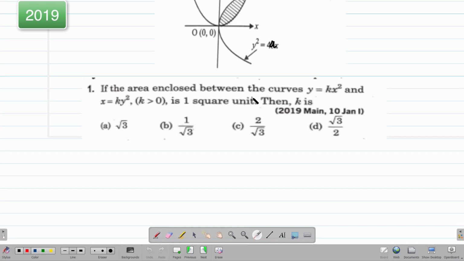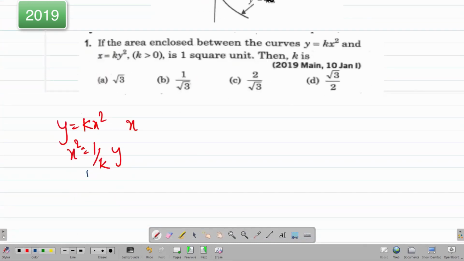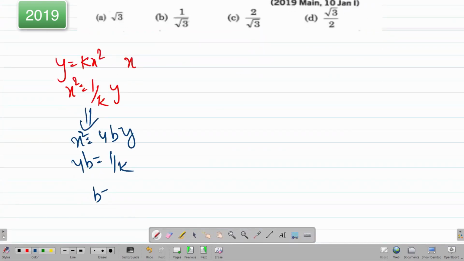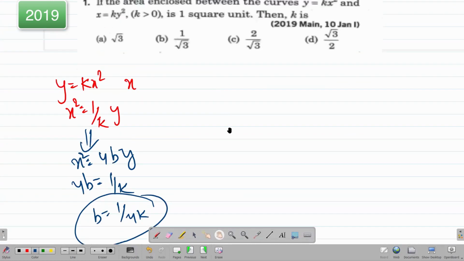The area enclosed between the curves y is equal to kx square, or x square is equal to 1 by k y, which is comparable to x square is equal to 4by, where 4b is 1 by k and b is 1 by 4k. So we get the value of b.